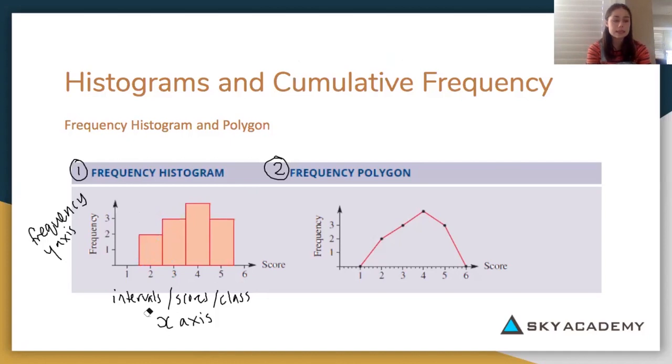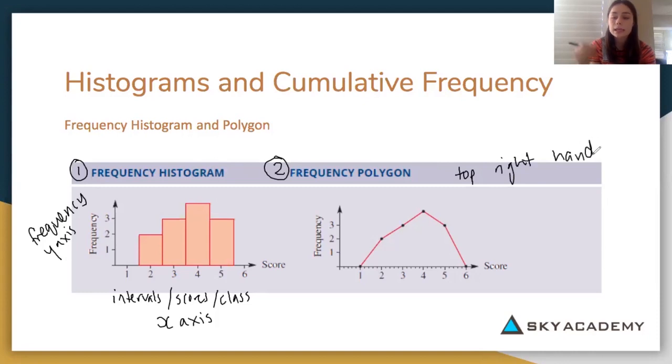When we're looking at a frequency polygon, it's just a line graph constructed by joining the top right-hand corner of the rectangles of the frequency histogram. Top right-hand corner. So it's like connect the dots.